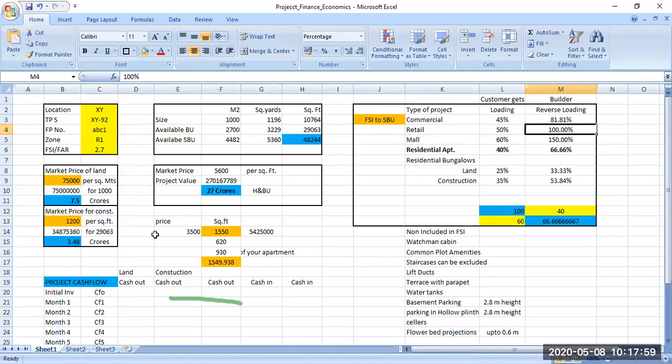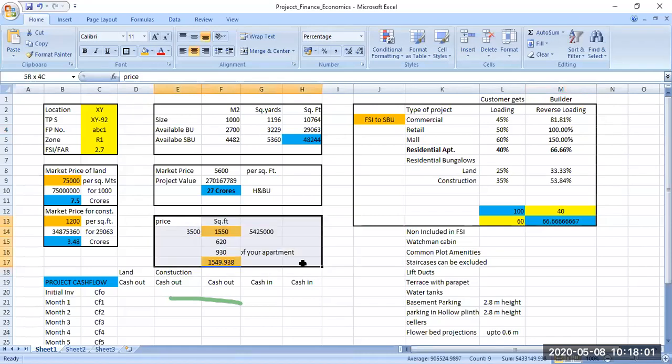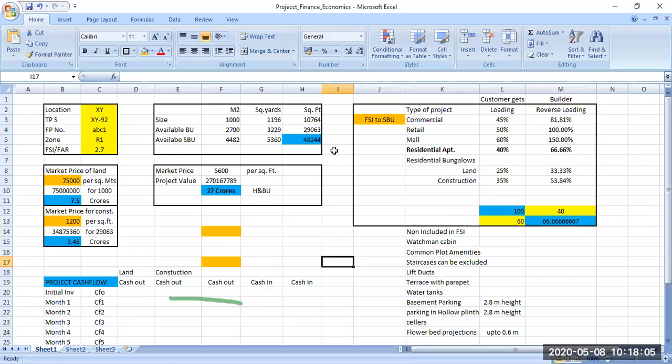Okay, you want me to show you that here? I can show you that. So if this was your build-up, and let's say 50% was residential and 50% was retail, you divide this.